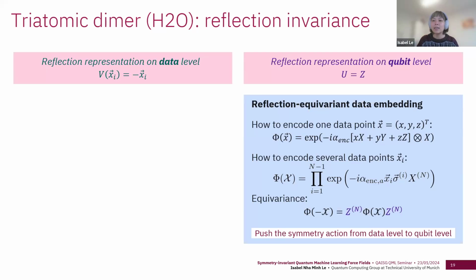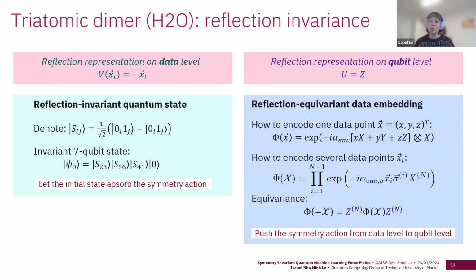We apply the scheme for each atom on a different qubit, but with the same ancilla qubit. So we only have one additional ancilla qubit. And furthermore, we introduce an atom type specific encoding angle. So that was already introduced before, but this time we have a different trainable scaling factor for each atom type. And this encoding scheme is equivariant under rotations, permutations, and now also reflections.